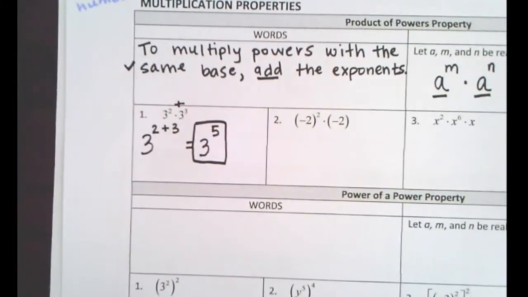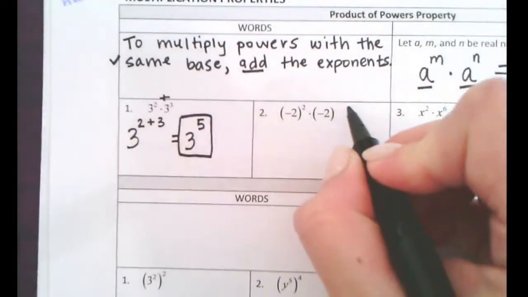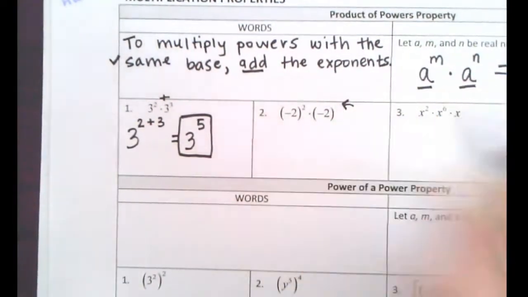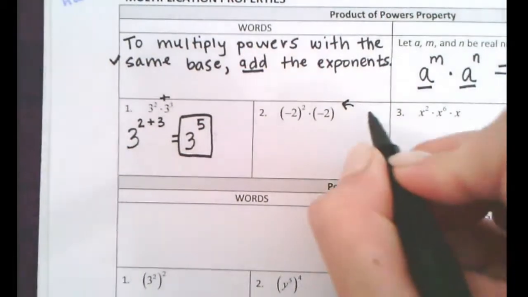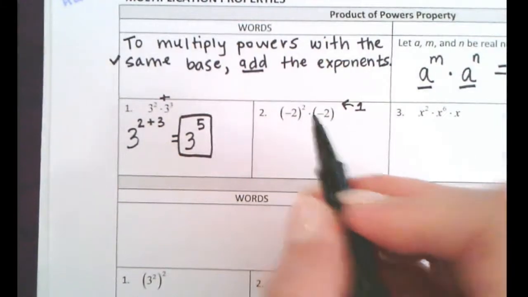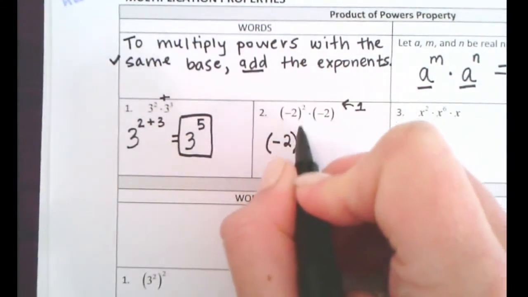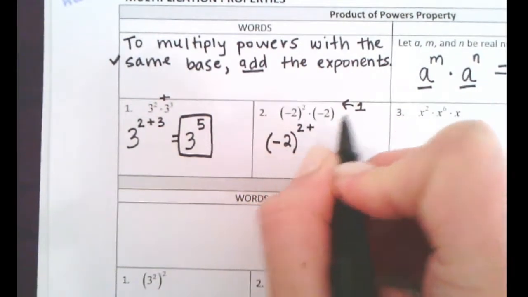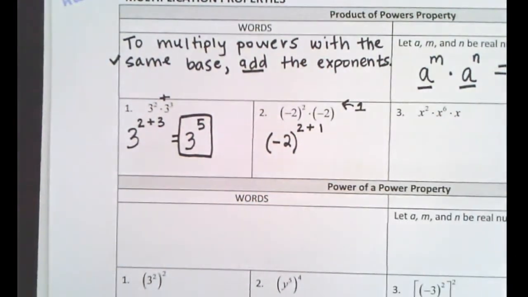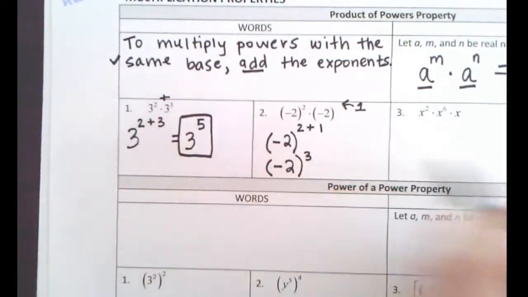Number 2. We have here negative 2 squared times negative 2. Now there is no exponent here in this problem, which means it has an understood exponent of 1. Negative 2 is my same base, so I'm going to keep negative 2, and my exponents are 2 and 1. So we can write this as negative 2 raised to the power of 3.